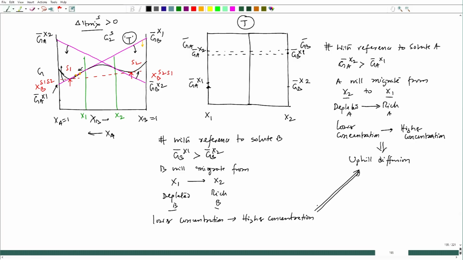Fine. But where will it end? Now, as we have this kind of situation with B, that means B is moving from lower concentration to higher concentration. So, the concentration will go towards right, and as you go towards right, those points will move like this. Okay. These are the movements.